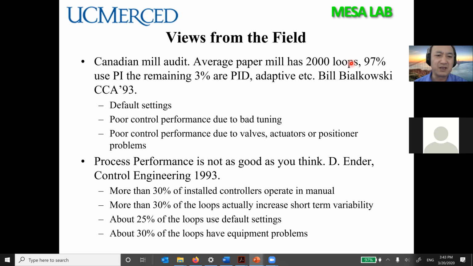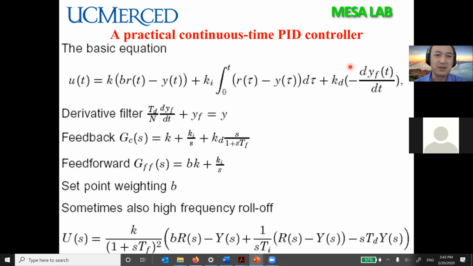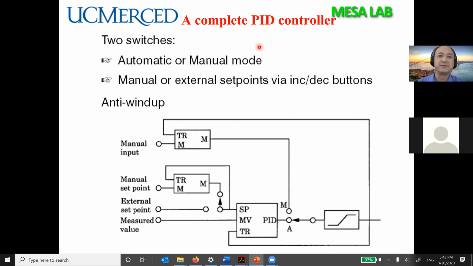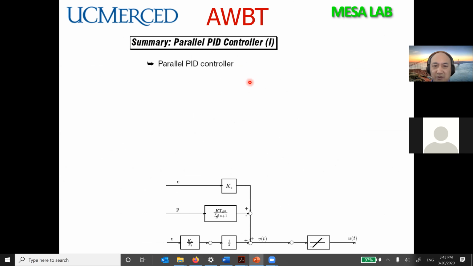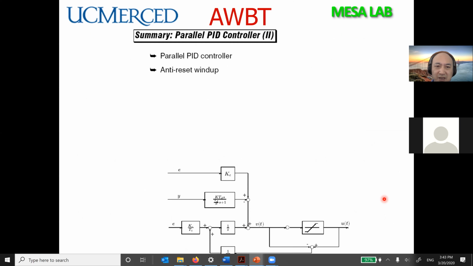So please go through this deck of slides, and you may wonder what is AWBT. AWBT is anti-windup, bumpless transfer. So this is saturation, this is PID, and on top of this you add your anti-windup.